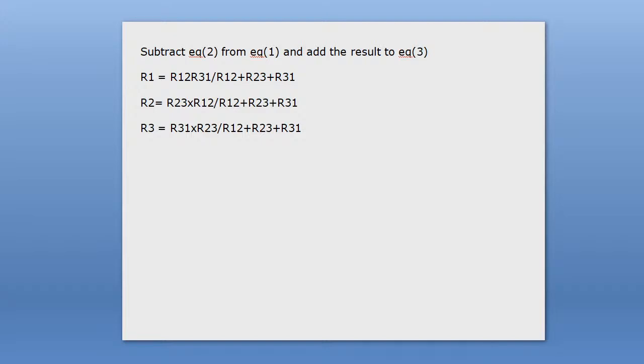It is very difficult. So that's why there is an alternative approach, you can say, to remember these things. You can remember it as: the resistance of each arm of the star is given by the product of the resistances of the two delta sides that meet at its end, divided by the sum of the three delta resistances.